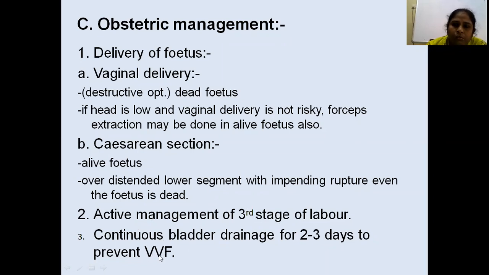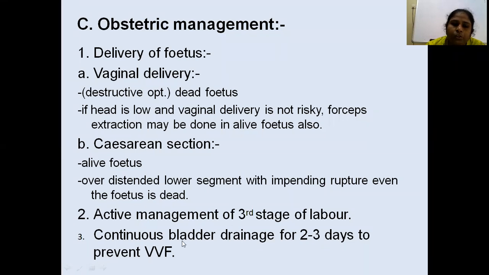So you have to give rest for the bladder to heal, then only there will be fewer chances of formation of fistulas. If the catheter is removed immediately on the next day, the bladder mucosa will not be healed, so there will be chances of formation of fistula.